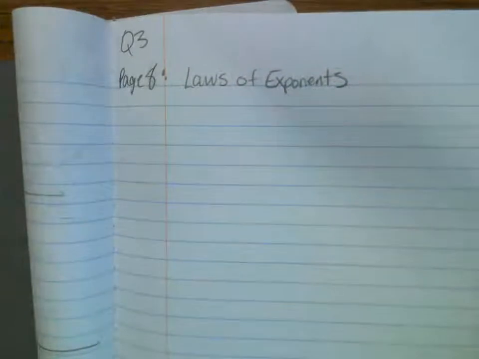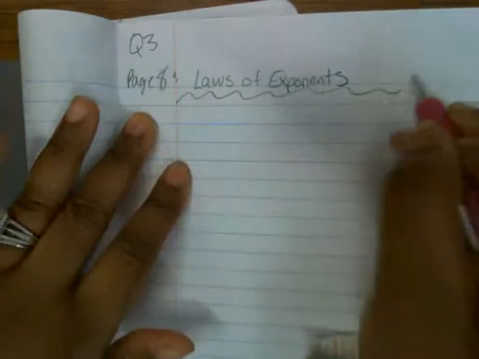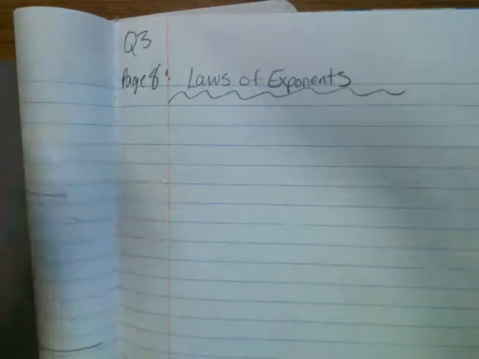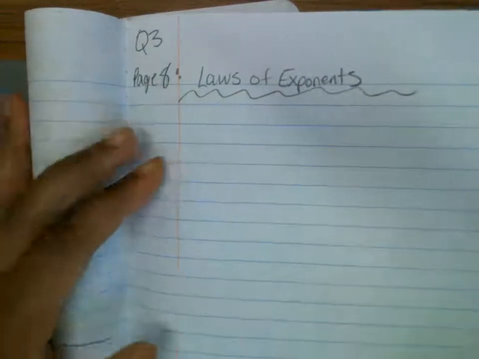The title of this page is Laws of Exponents. These are just rules for evaluating exponents. That's what I mean when I say laws of exponents. This is going to give you instructions on how to simplify exponents.